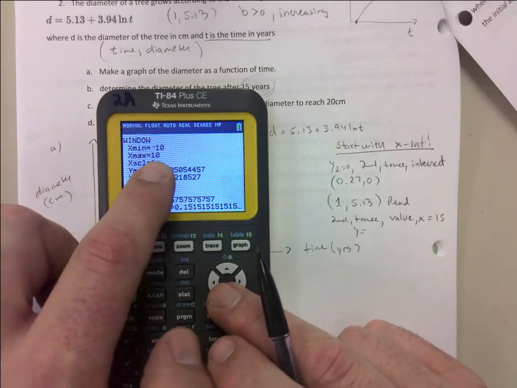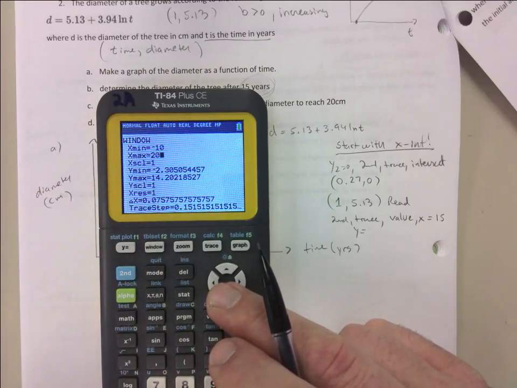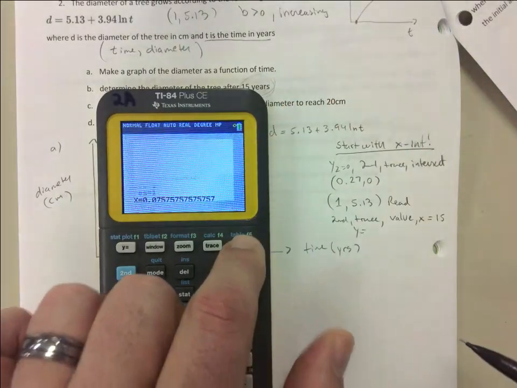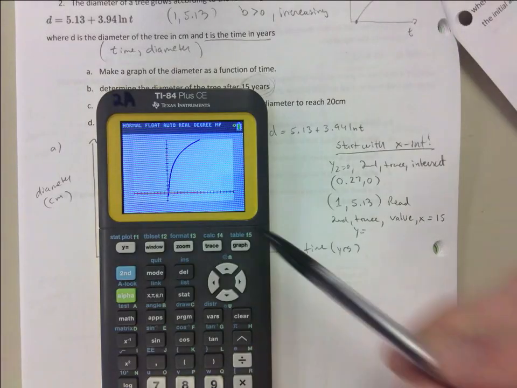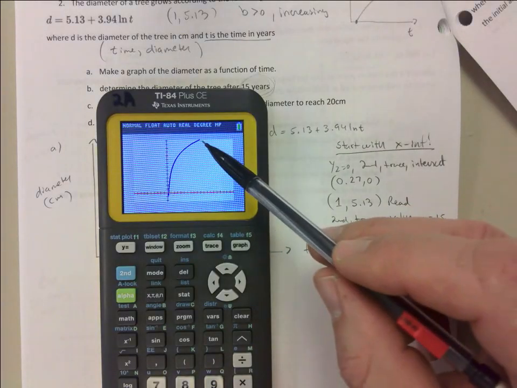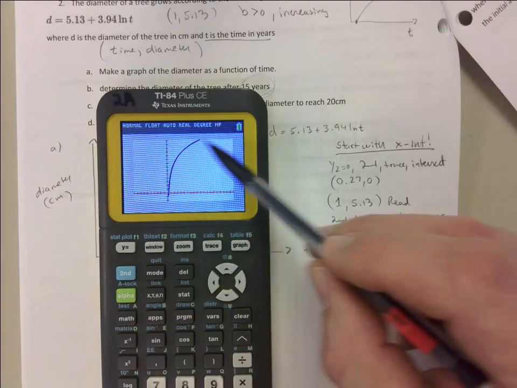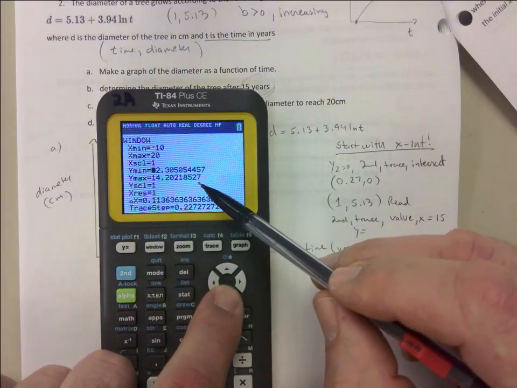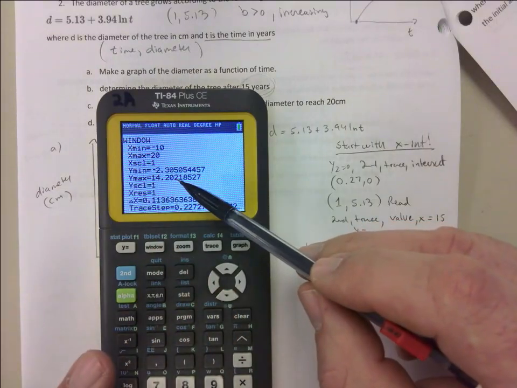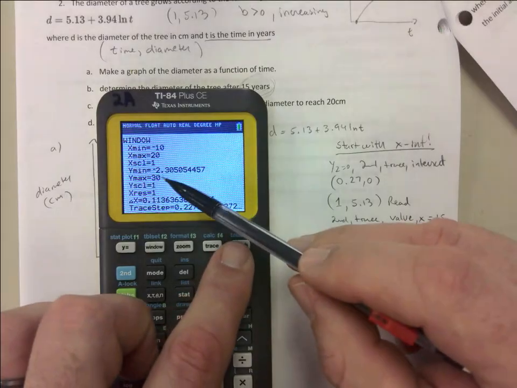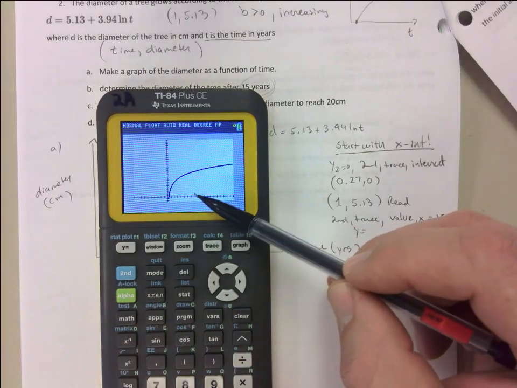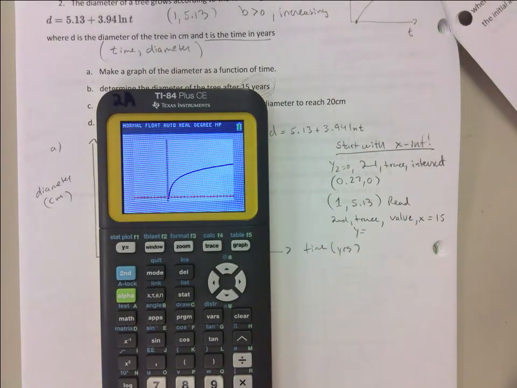My x max, I'm going to go to 20, because if I want a time of 15 years, then I need to make sure I show more there. And look at that, I increased it, but I don't see much up here. So I also have to increase my y max. I'm going to, I don't know, 30. Y max 30. Hit graph. That's pretty good.